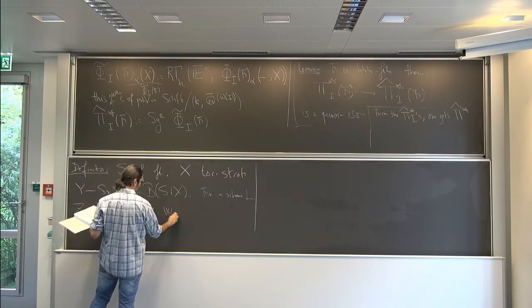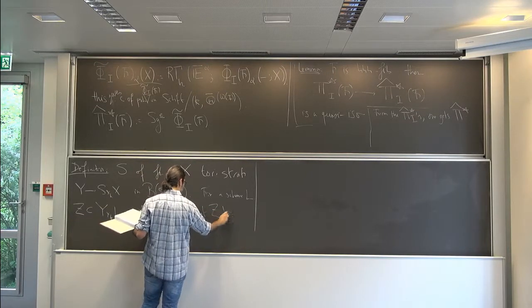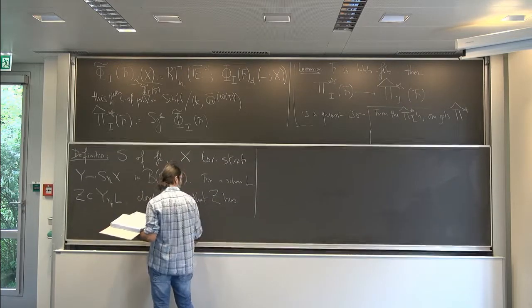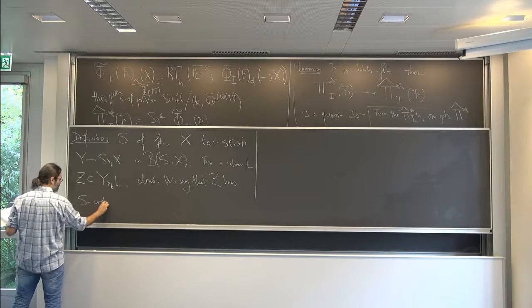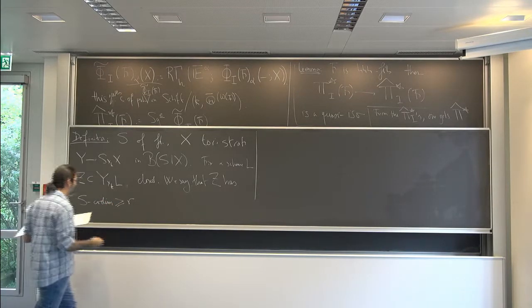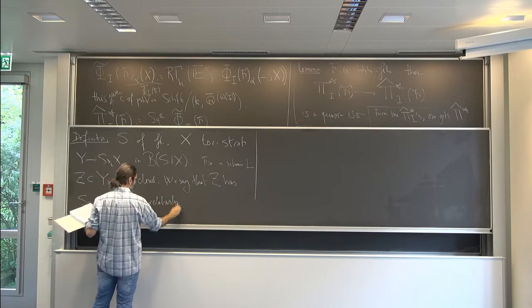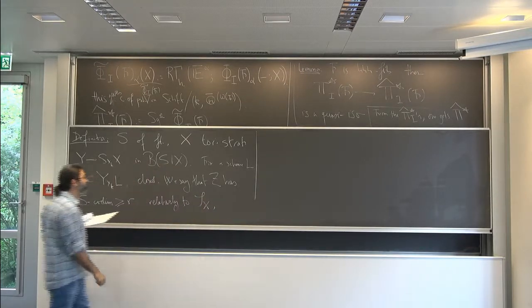We say that Z has codimension bigger than r relatively to the stratification of S.